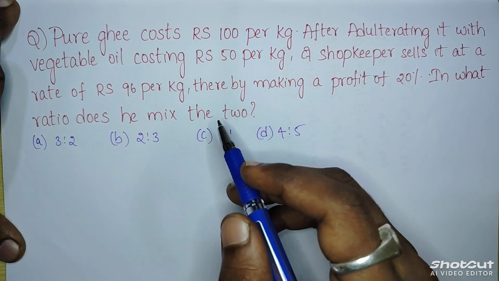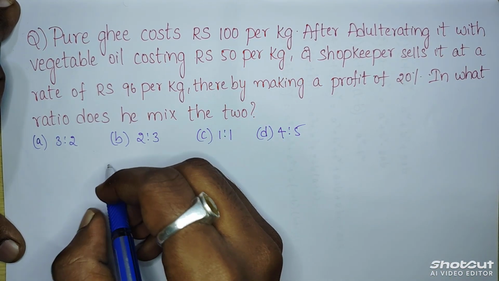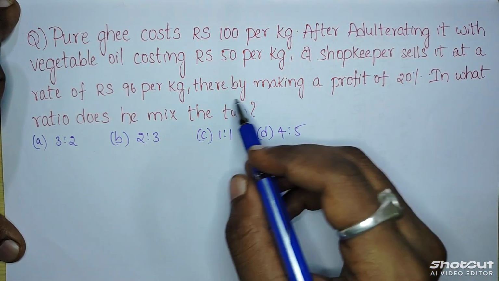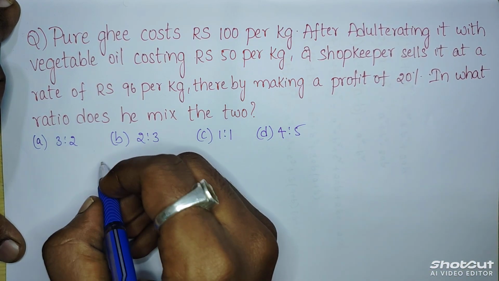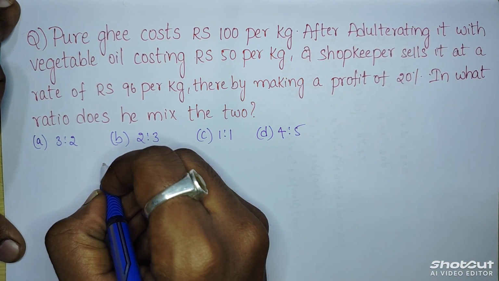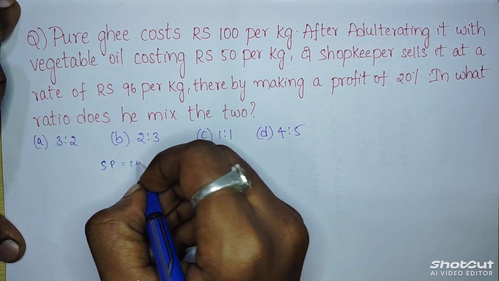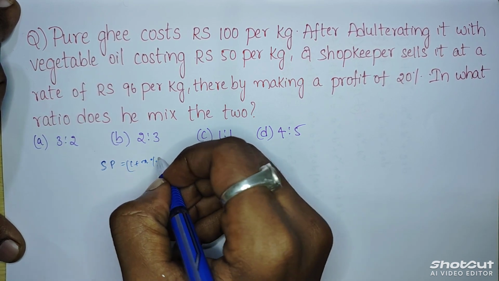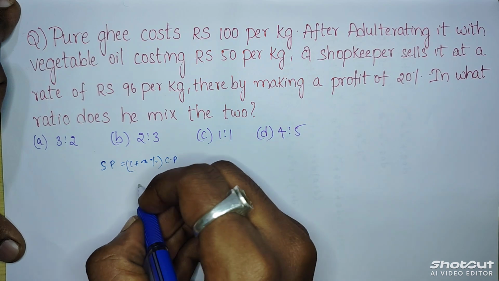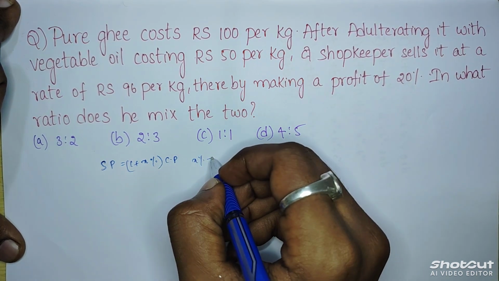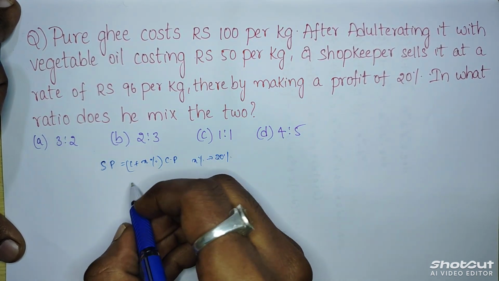Initially we are given two things here. The shopkeeper is able to make a profit of 20%. So from this we can say selling price, from the formula we know, selling price is equal to 1 plus x percentage of cost price, right? And here the x percentage is 20%, which is profit.